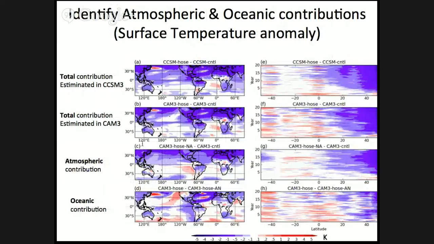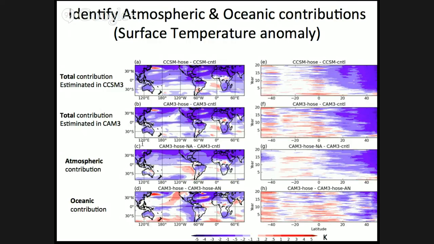This is showing the same thing as the previous, but showing more. On the top is the fully coupled hosing simulation, and the second is mimicking the fully coupled hosing simulation using the slab ocean model. The third one is the simulation where the Q flux is eliminated everywhere except the North Atlantic Ocean.